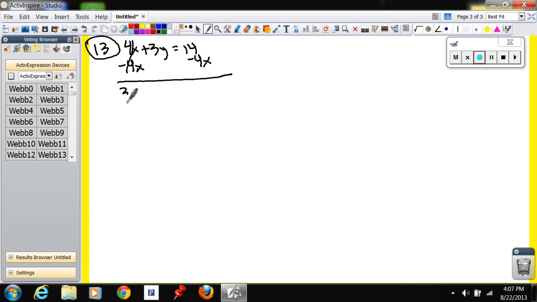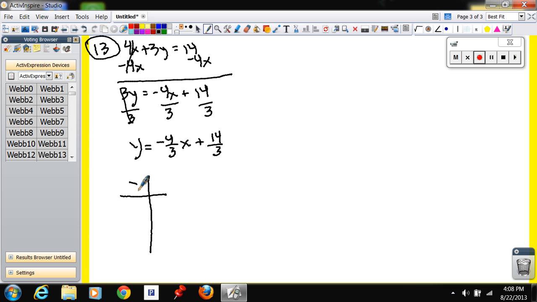So we would get 3y equals negative 4x plus 14. And then we should probably divide by 3. This is going to be a challenging one right here. So we're going to get y equals negative 4 thirds times x plus 14 thirds.